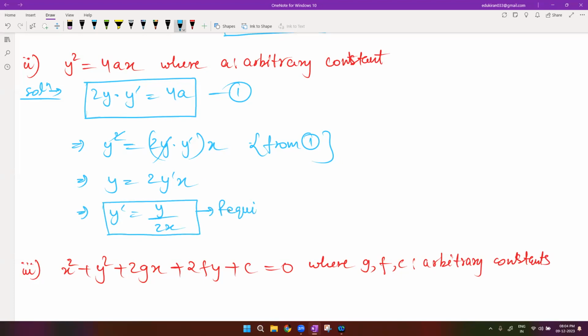And then we can write it like anything. Yeah, please also solve this one. x square plus y square plus 2gx plus 2fy plus c equals to 0.